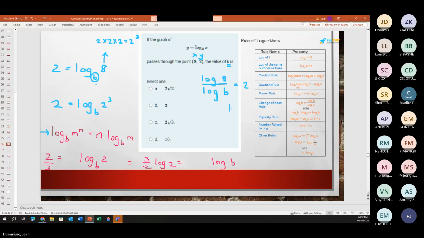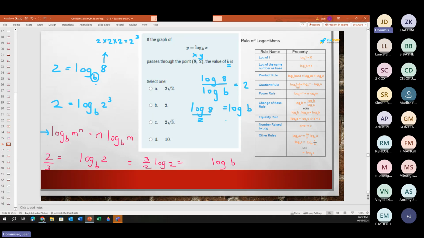So log b is equal to log 8 divided by 2. And that is why, again, this one, let's quickly, that was with 2 and you take out the 3. So again, there's definitely in this one a mistake.